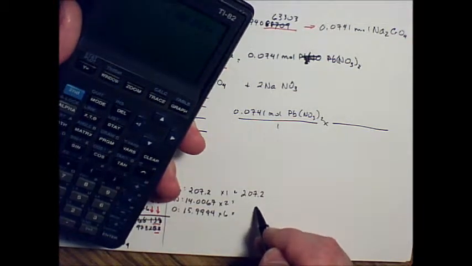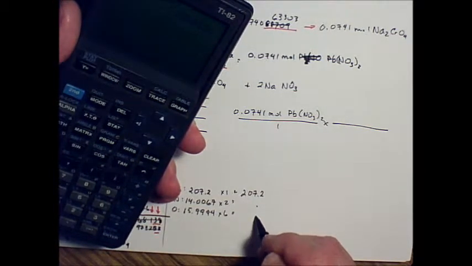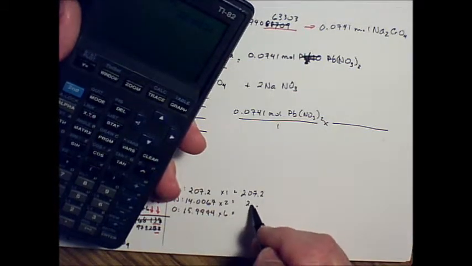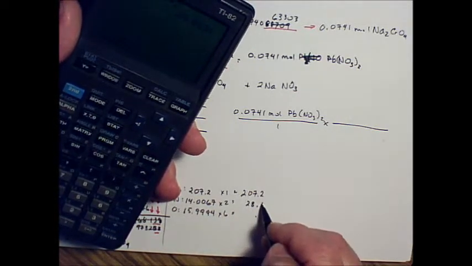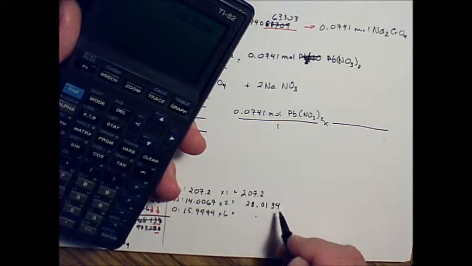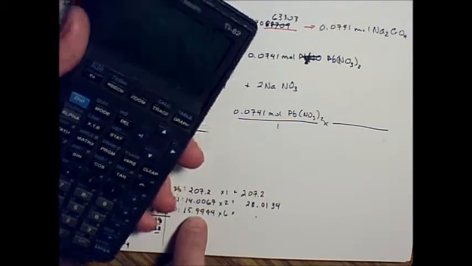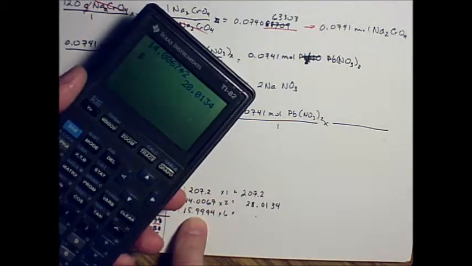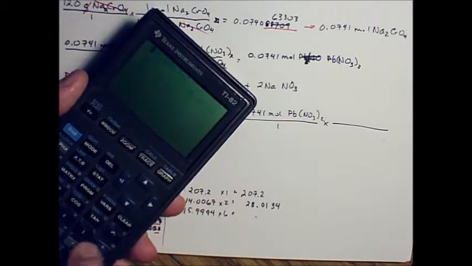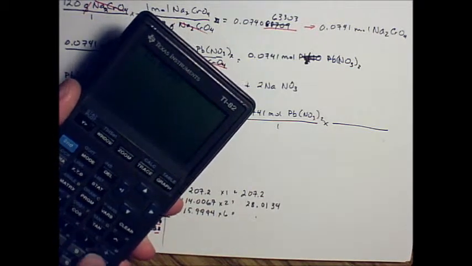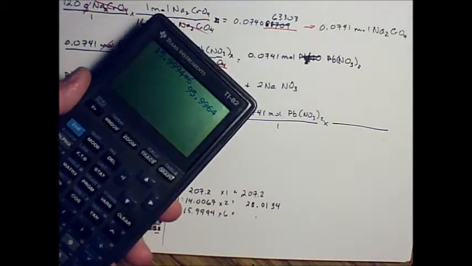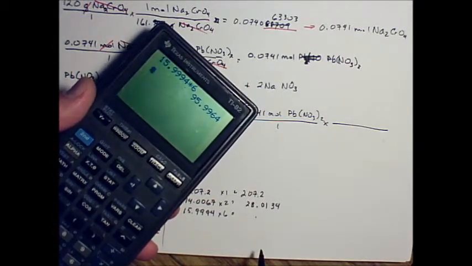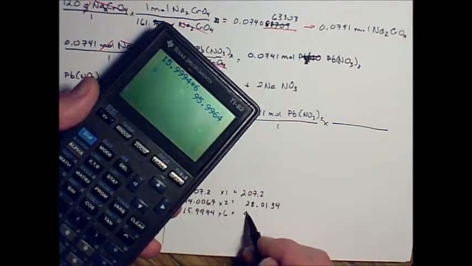So keeping everything lined up by decimal places here, I want 28.0134 over here, and 15.9994 times 6, which is 95.9964.